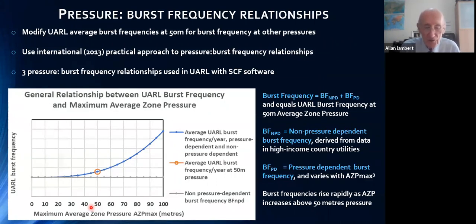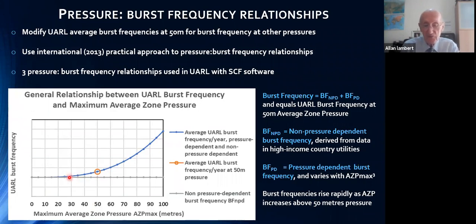It's since been tested and used for prediction and prioritizing PMZs in Australia, South Africa, UK, and other countries. It contains a non-pressure dependent component, BFNPD, which is the straight line, and a pressure dependent component, BFPD, that varies with the maximum average zone pressure to the power 3.